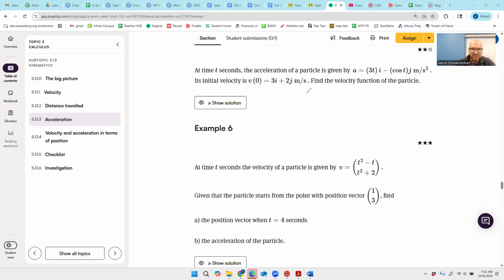And essentially with vectors in component form, I can integrate them separately, which would just work nicely anyways. So the integral of 3t is 3t squared over 2 minus, integral of negative cosine is negative sine.